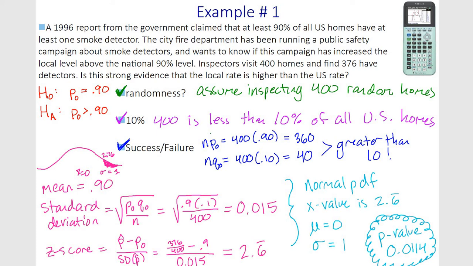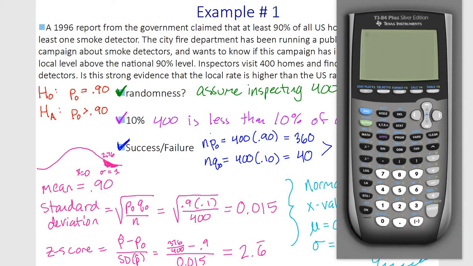Let me get out the calculator. To use your normal PDF, we go to second vars. Yes, perfect. Enter. Our x value is 2.666666, right? What is that? 2 2/3, 8/3. So I'm going to put 8 divided by 3. I just like being exact. Our mean is 0.